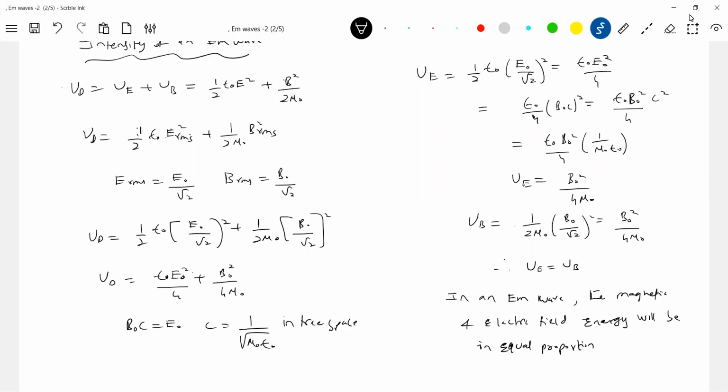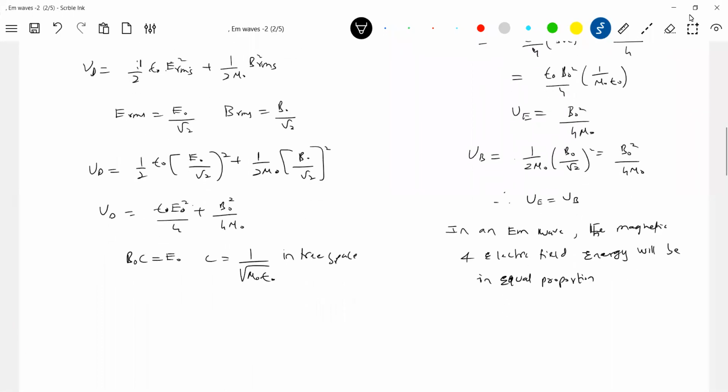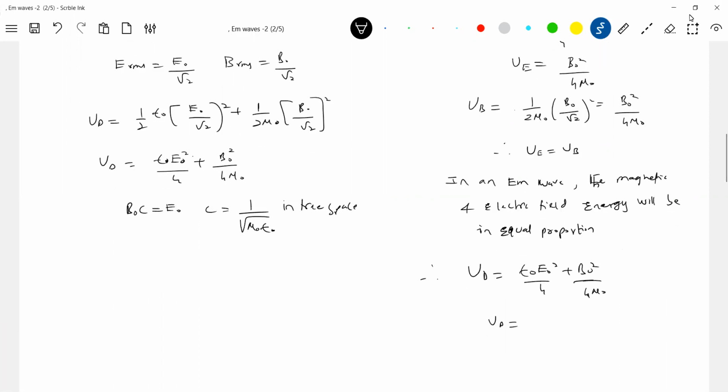Both will be in equal proportion. That's what we are concluding. So therefore, this final equation we can write: energy density is equal to half epsilon naught E naught square by 4. Shall we write it in terms of electric energy density only? The total should be equal to epsilon naught E naught square by 4.